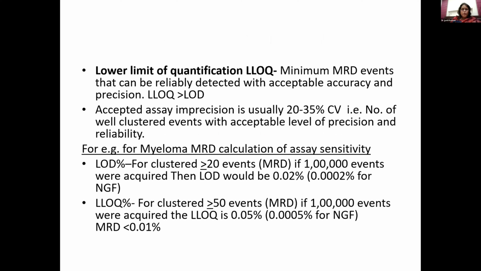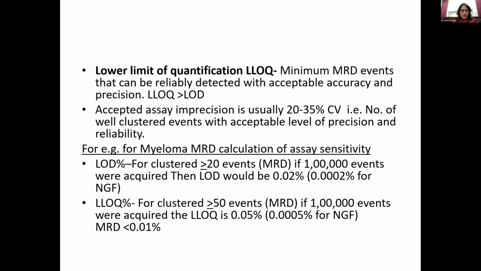So just to give you an example, and also to tell you that imprecision till 20 to 35% CV is allowed. So if you're going for NABL accreditation of a lab, accepted imprecision in LOD LOQ is 20 to 35 CV. Now, just to give you an example, if you've just acquired 1 lakh cells, then your 20 events LOD, your sensitivity will be just 0.02.